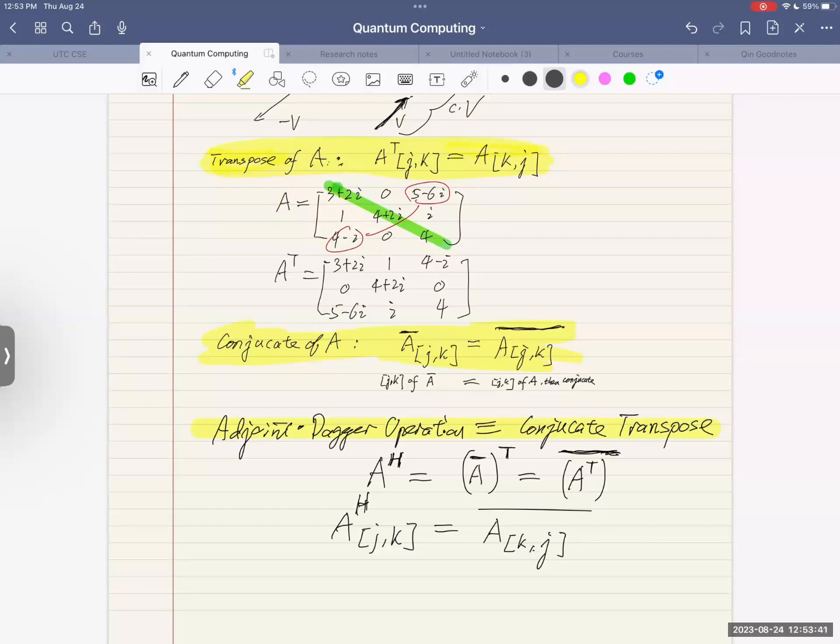And this operation is apparently very useful in quantum information and quantum computing. So, conjugate transpose.